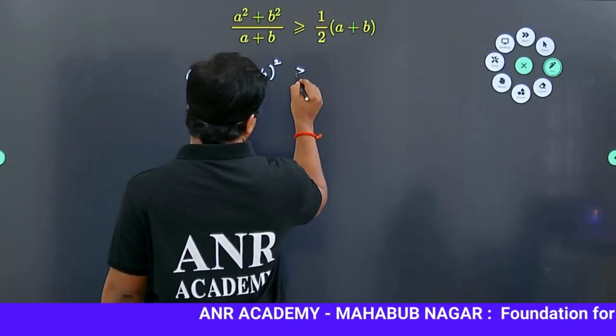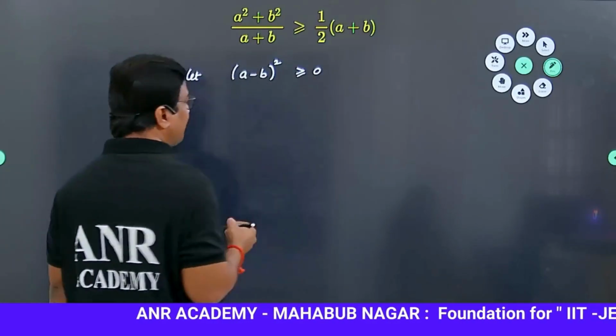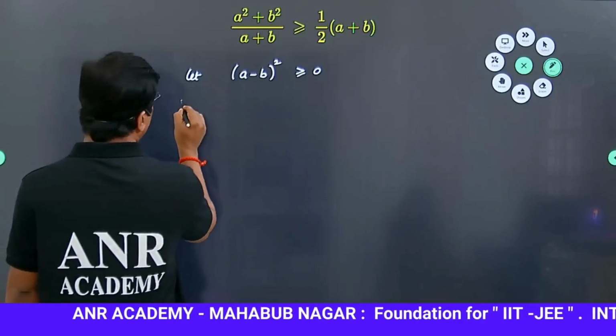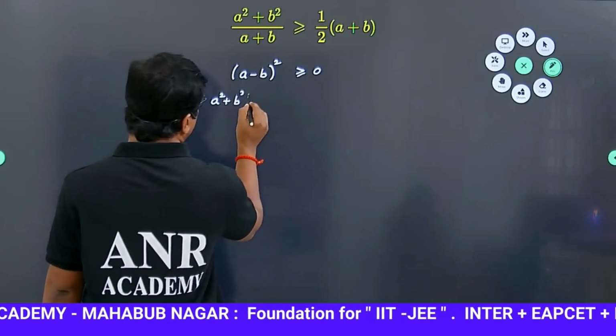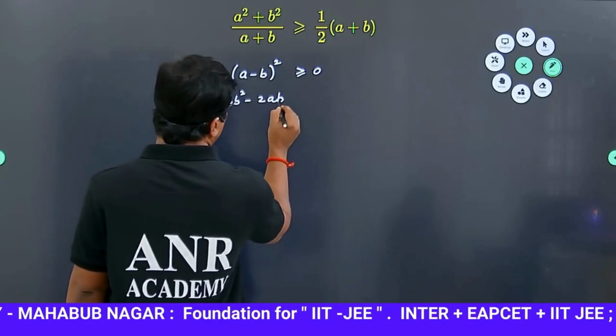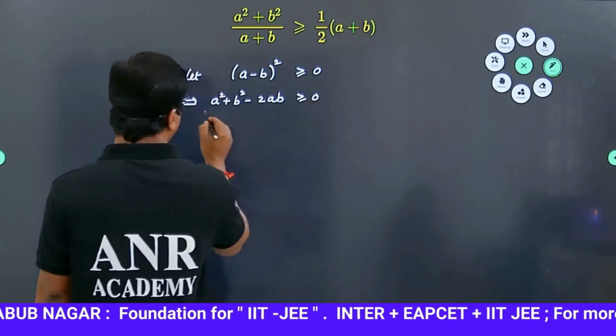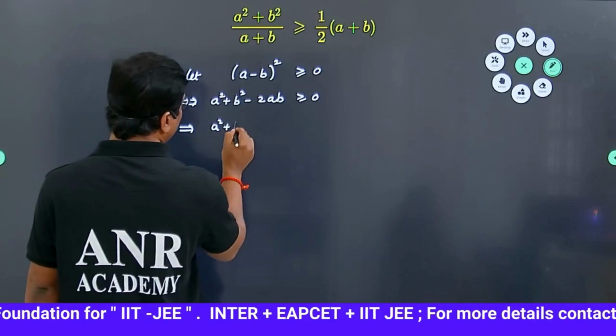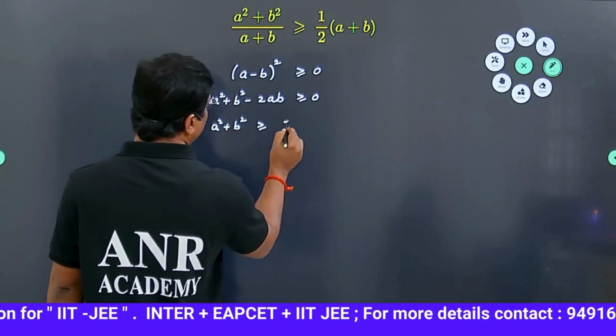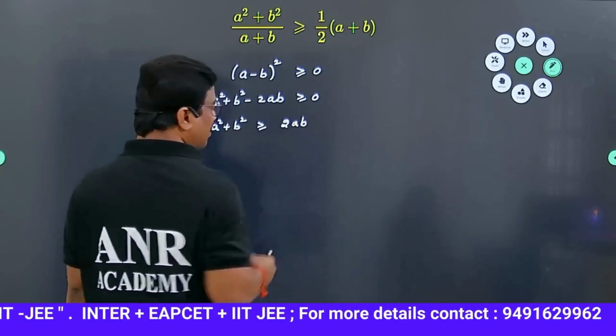So I can write the inequality greater than or equal to 0. On expansion it becomes a² plus b² minus 2ab, which is greater than or equal to 0. From this I can write a² plus b² greater than or equal to 2ab.